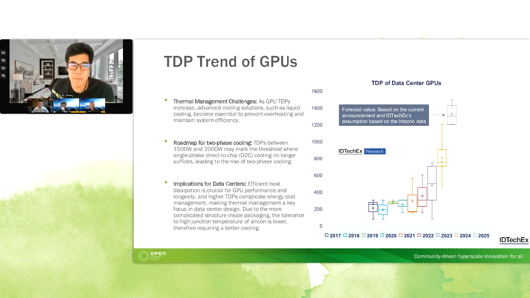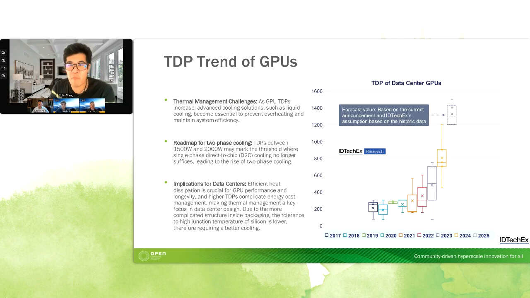So this slide essentially shows the thermal design power trend of GPUs. Thermal management in AI data centers is actually driven by the TDP of GPUs. Typically, the TDP of CPUs is much lower than GPUs, so on this slide we only focus on GPUs.